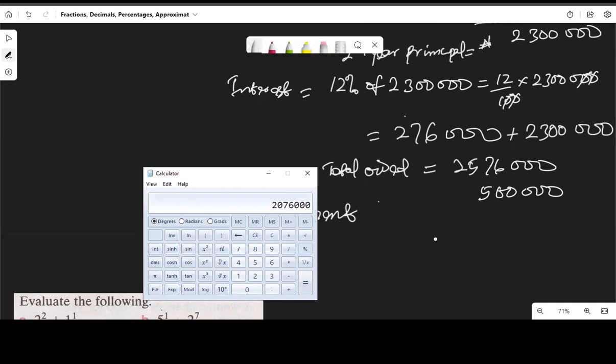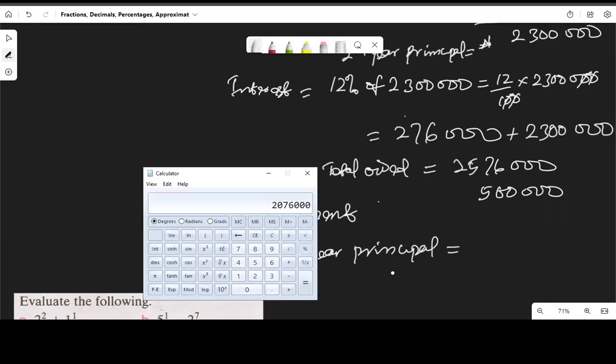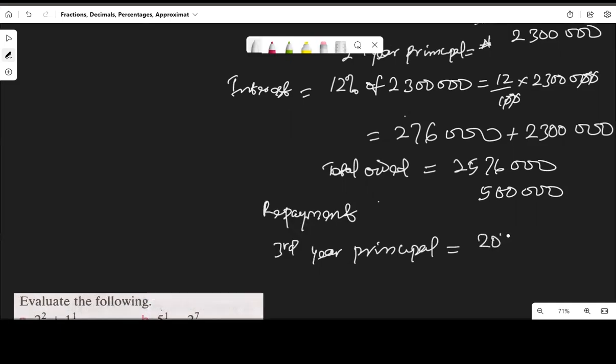So that third year principal is equal to 207,600. That is the third year principal.